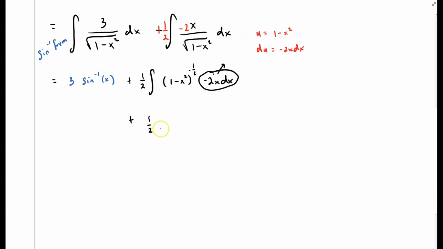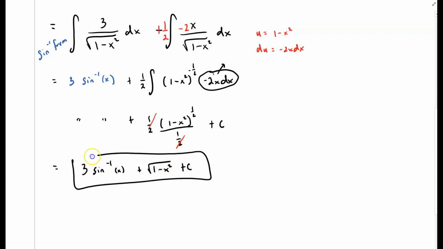So this gives us 1/2 times 1 minus x squared to the power of positive 1/2 divided by 1/2. And again, these two terms are going to cancel, and we get our plus c. So our final answer, that stays the same, is 3 sine inverse of x plus square root of 1 minus x squared plus c.